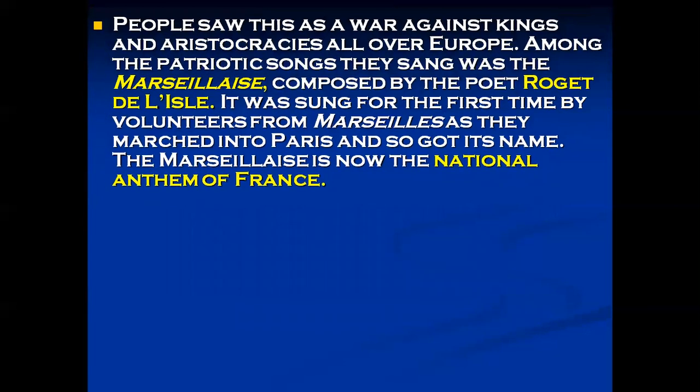During this time, people saw this as a war against the king and aristocracies all over Europe. Among the patriotic songs they sang was the Marseillaise, composed by the poet Rouget de Lisle. Marseille is the name of a place also. It was sung for the first time by volunteers from Marseille as they marched to Paris.